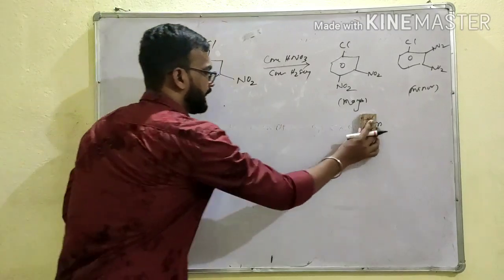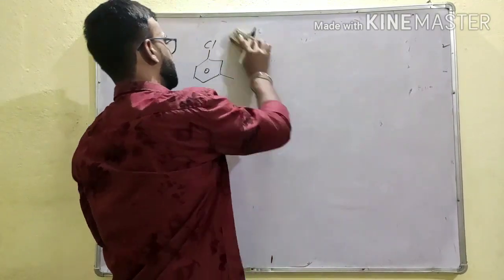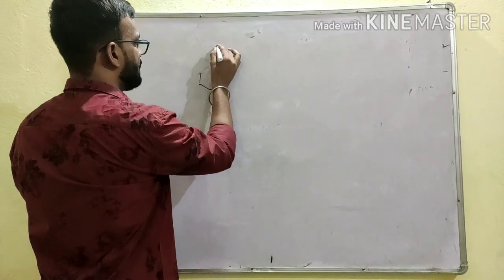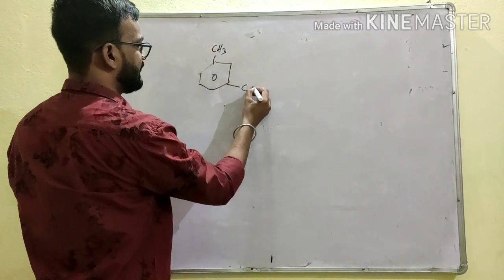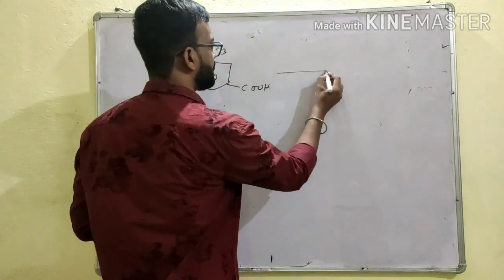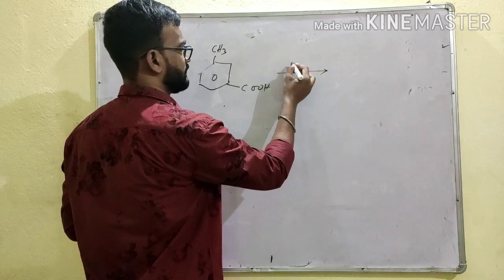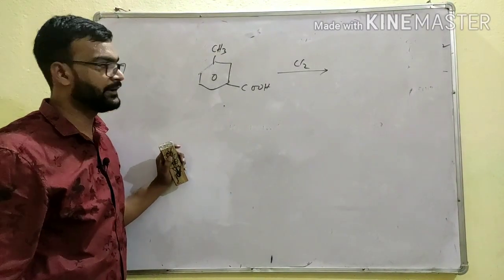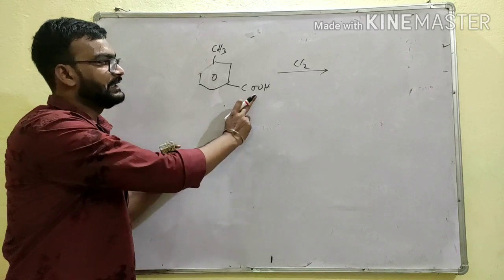Okay, if I take another example, say I have benzene with CH3 and COOH. This is your system, and you are going to carry out chlorination. You are going to give the chlorination product. So COOH is the electron withdrawing group.